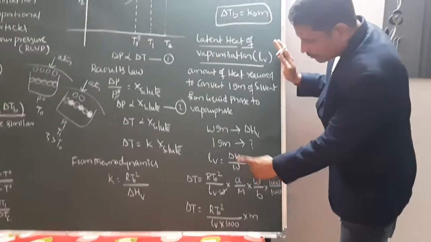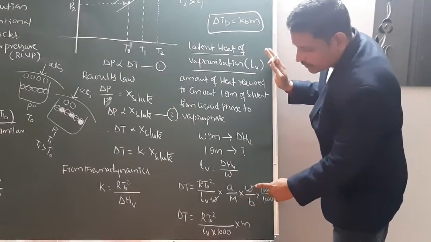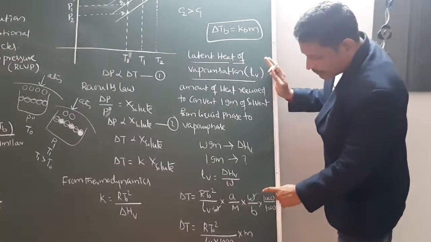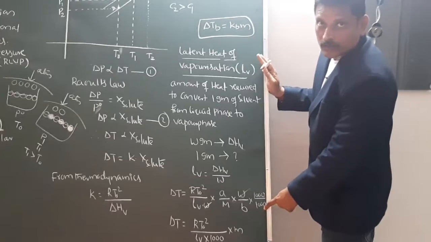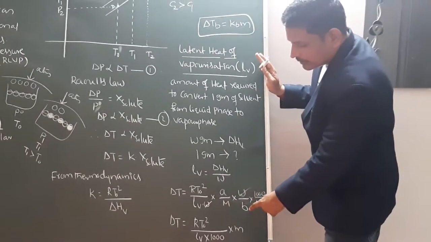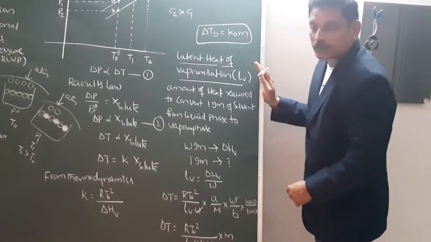So the mole fraction of solute can be simply represented as A by M into W by V. This W gets cancelled. I multiply this equation with 1000 and divide with 1000. So, A by M into 1000 by V is the molality of the solution.